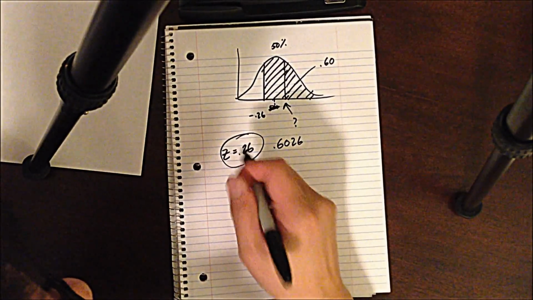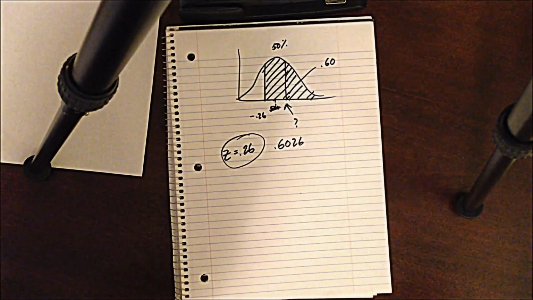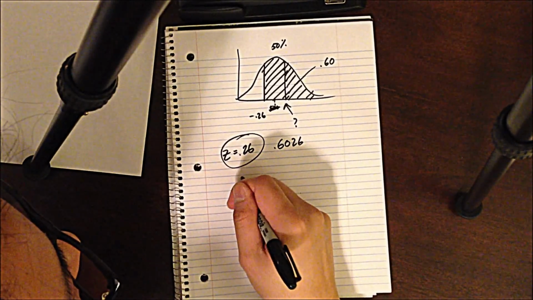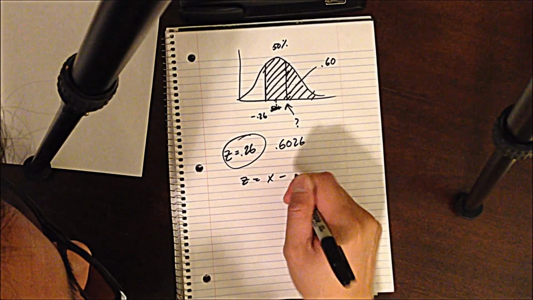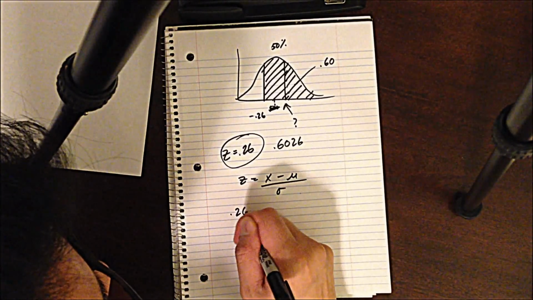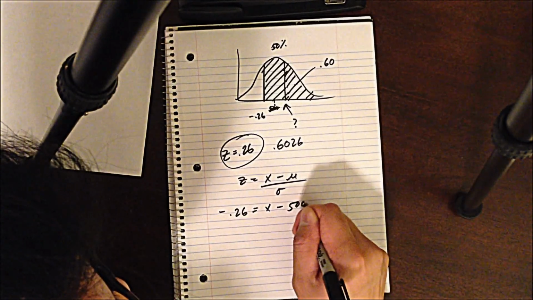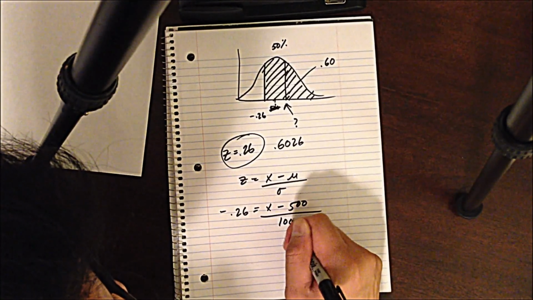So in order to find the score associated with negative 0.26, we have to convert it to an x-score. Okay? So we know that z equals x minus mu over standard deviation. Negative 0.26 equals x minus 500 over 100.